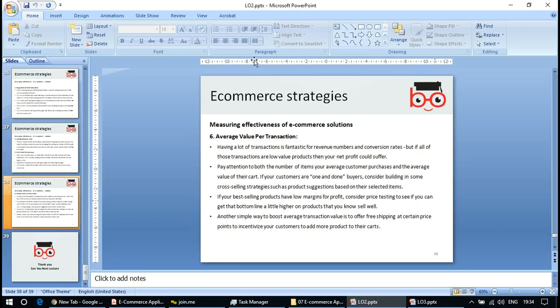Average value per transaction. This is also a monetary term. As I said earlier, no matter if you have a number of transactions, it's fantastic, but it's not always good for giving you more profit, isn't it? For example, if you are selling too many products, you must know the rule that if your sales are overall more than 80,000, I believe, then you are supposed to charge VAT.